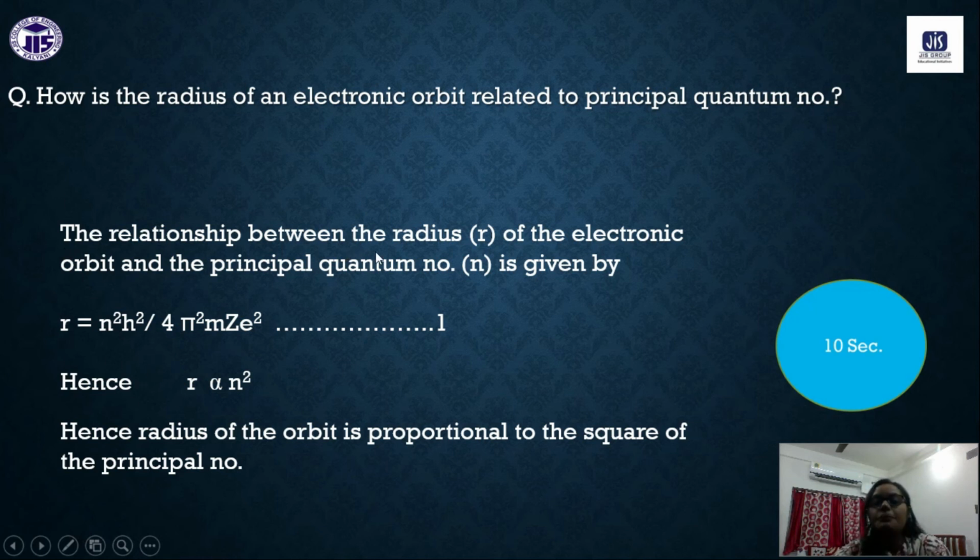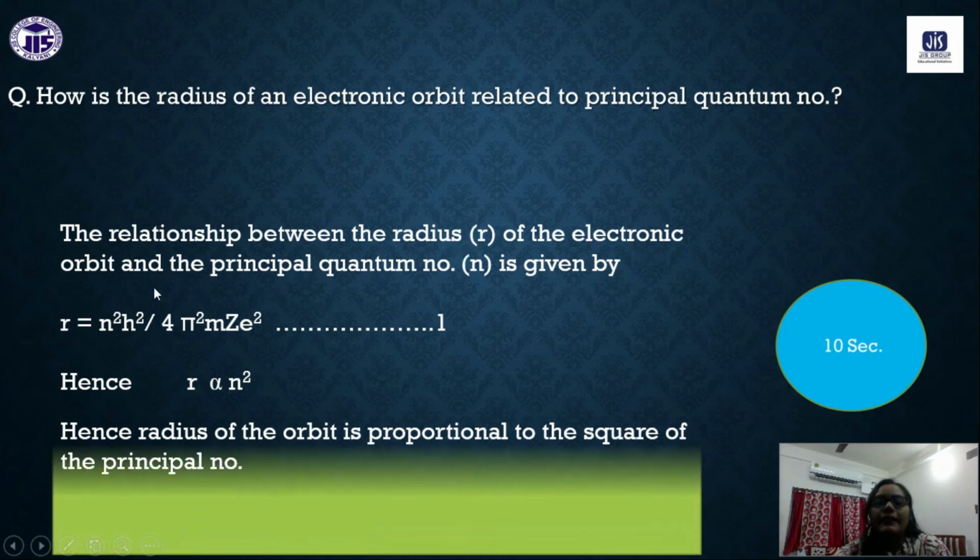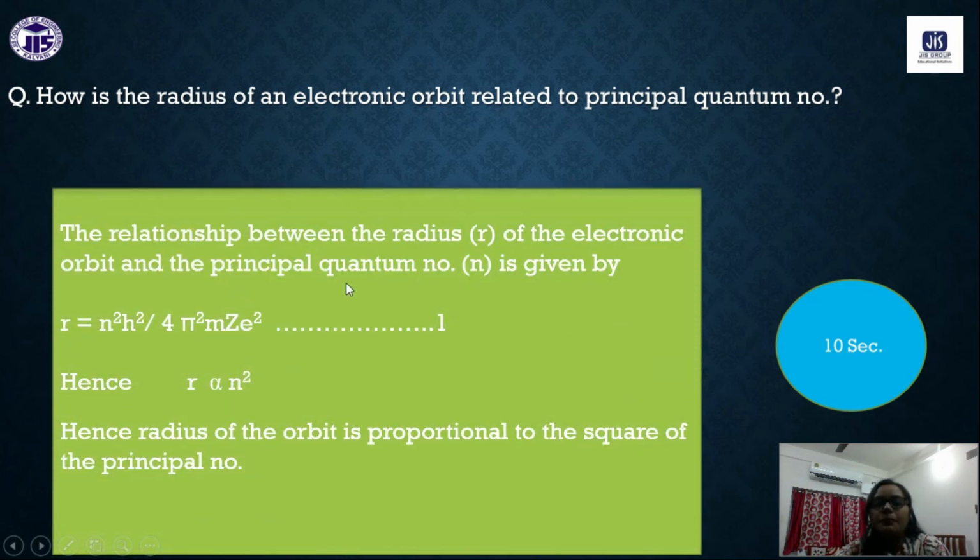The relationship between the radius r of the electronic orbit and the principal quantum number n is given by r equals n squared h squared by 4 pi squared m Z e squared. So r is proportional to n squared, hence the radius of the orbit is proportional to the square of the principal quantum number.